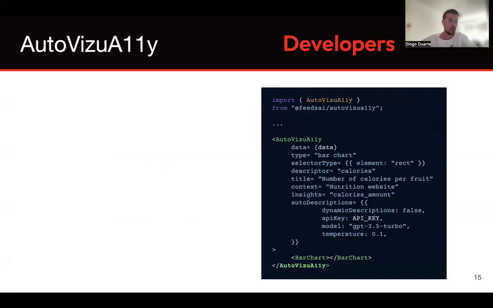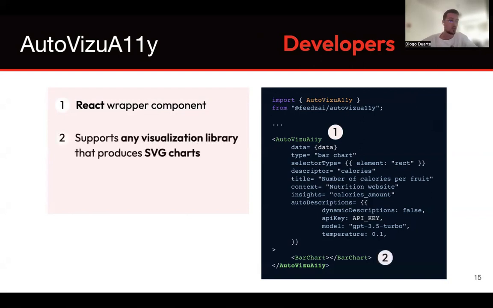So getting into the tool as a solution for developers, AutoVizuA11y is basically a React component, which is easily installed via NPM and imported in the project. Then the AutoVizuA11y component should wrap the chart built with any visualization library that explicitly creates DOM elements for each data element, like, for instance, SVG-based charts.